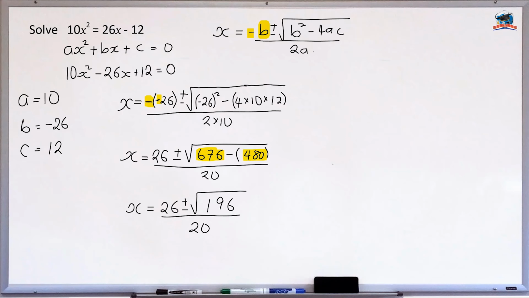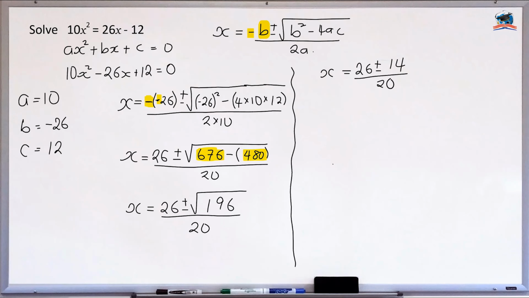Let's move to the other side of the page. We have x equal to 26 plus or minus, and the square root of 196 is 14, divided by 20.